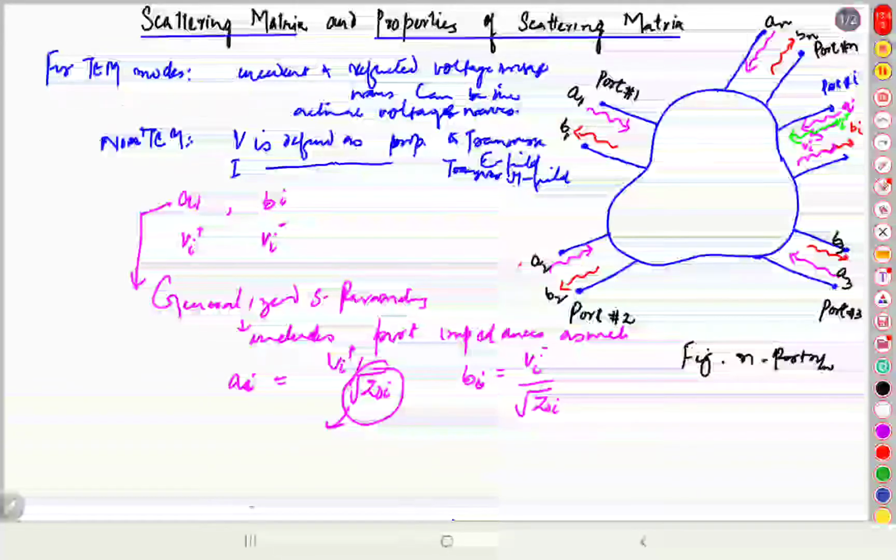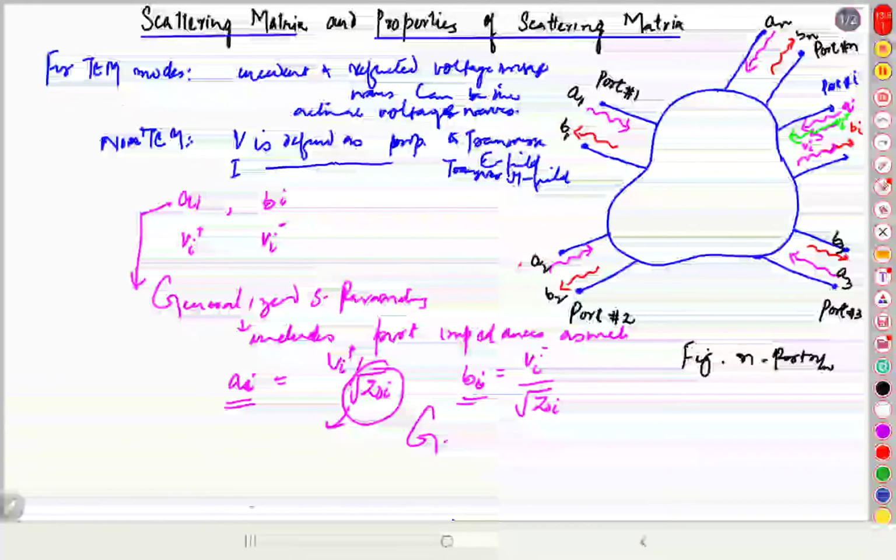So this makes S parameters more general.